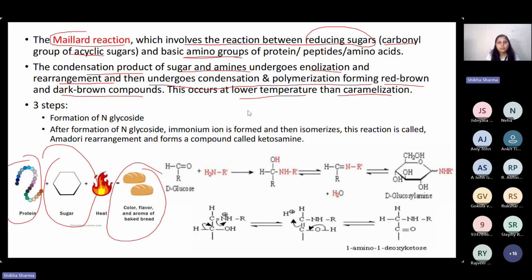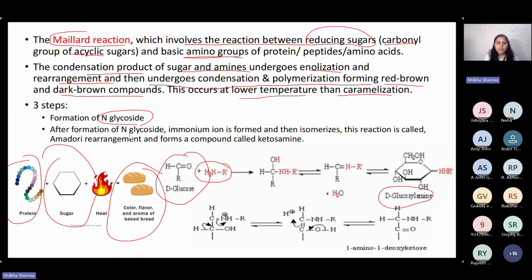The caramelization will occur at higher temperature. In this, there are three steps. First, there is a formation of N-glucoside. So here from the glucose, this amino group is reacting, and it will undergo some reaction and form, in the first step, glucosamine.